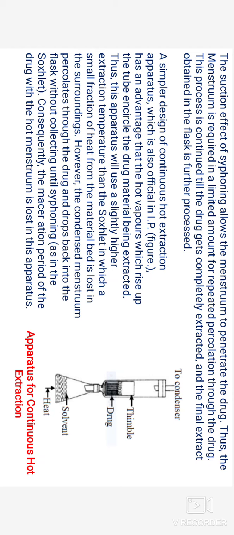Thus this apparatus uses a slightly higher extraction temperature than the Soxhlet, in which a small fraction of heat from the material bed is lost to the surroundings. However, the condensed menstruum percolates through the drug and drops back into the flask without collecting until siphoning, as in the Soxhlet. Consequently, the maceration period of the drug with the hot menstruum is lost in this apparatus.